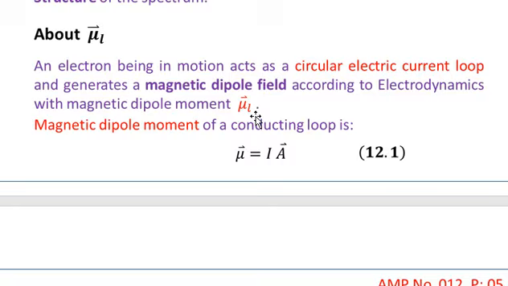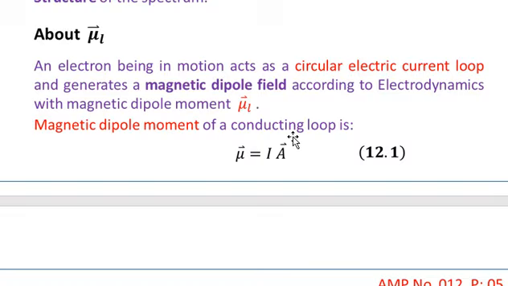It is associated when we are talking about the electron revolving around the nucleus appearing as a circular electric current loop, and due to this current loop, a magnetic dipole is generated according to the rules of electrodynamics. And to the magnetic dipole, a quantity is associated which we call the magnetic dipole moment, represented as mu L.